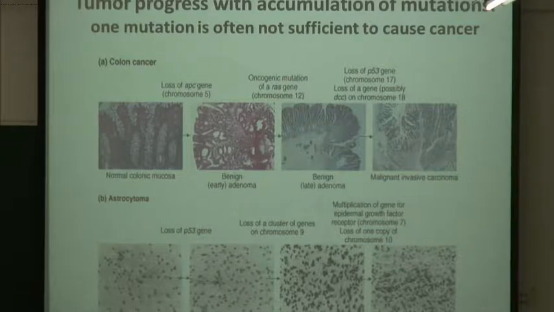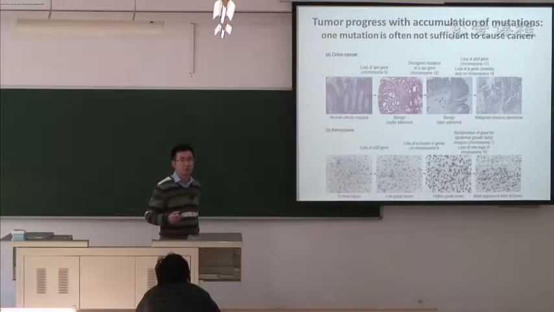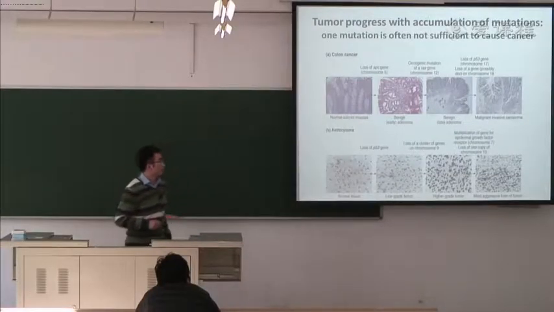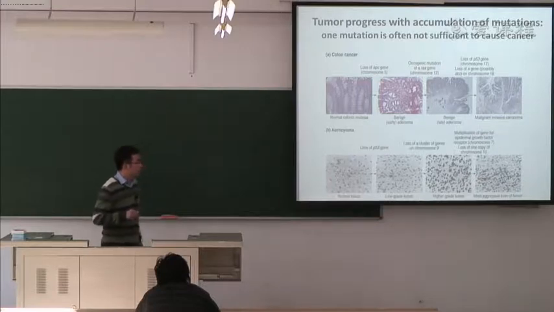For this process, from the normal situation to the final invasive carcinoma, it normally takes about 10 to 20 years to really develop a colon cancer. But this does not include the case where you have an inherited mutation from your family. The second example is astrocytoma.